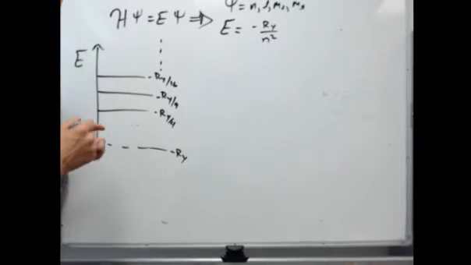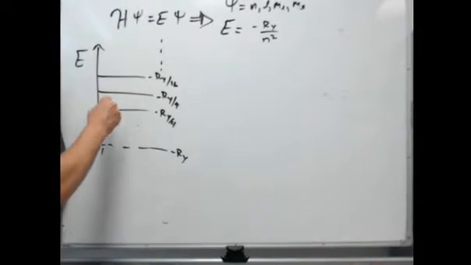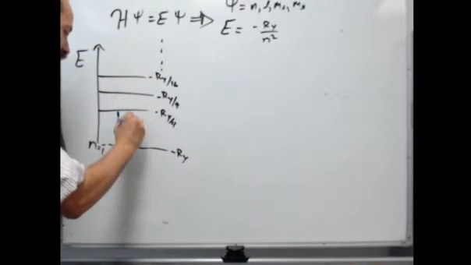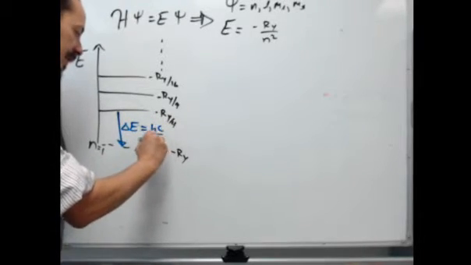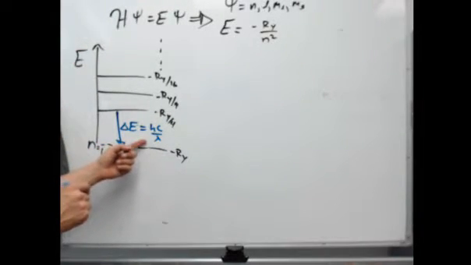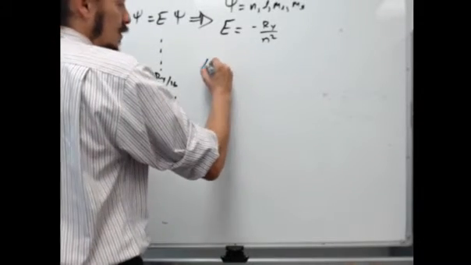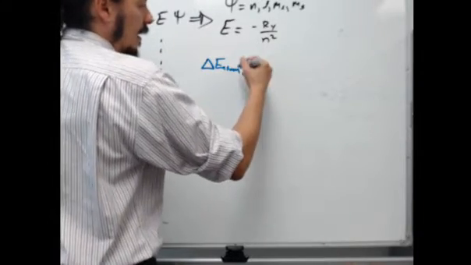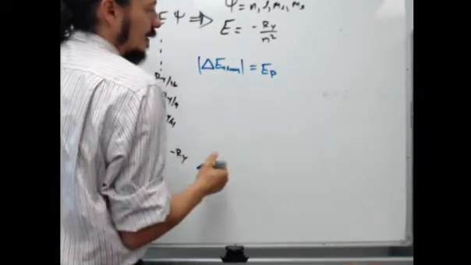And now what I want to look at is, from our quantum theory, we know that the thing we care about are transitions. This change in energy is going to give us some photon with energy, right? The change in the energy of the atom is going to be equal to the energy of a photon.